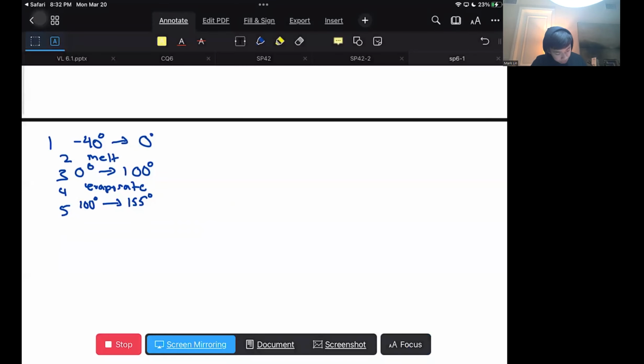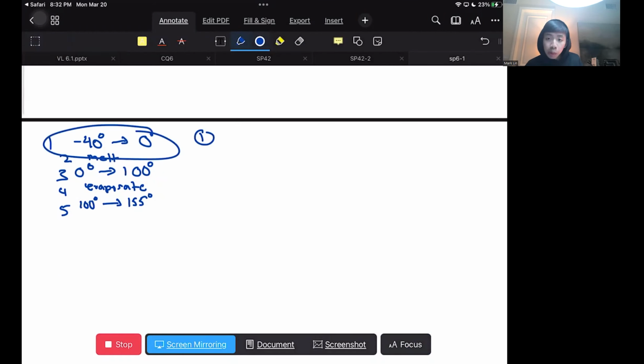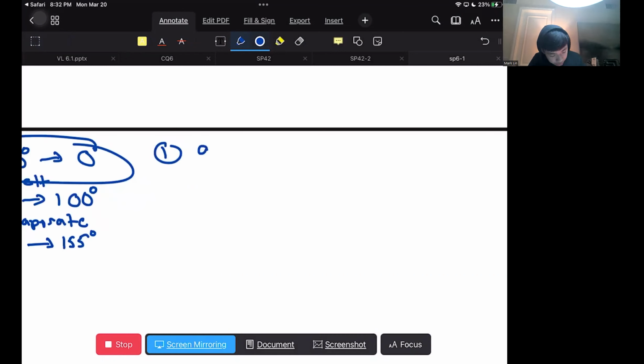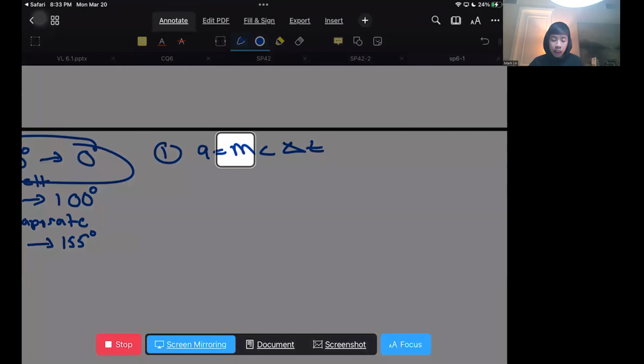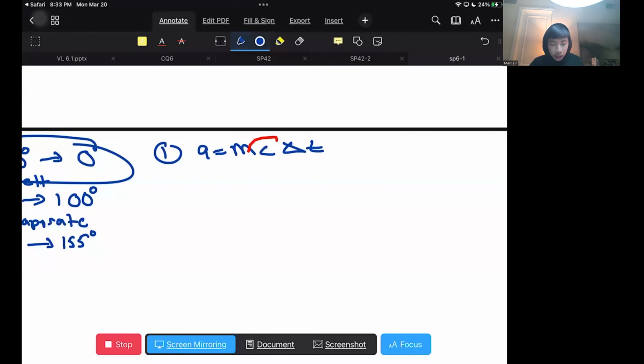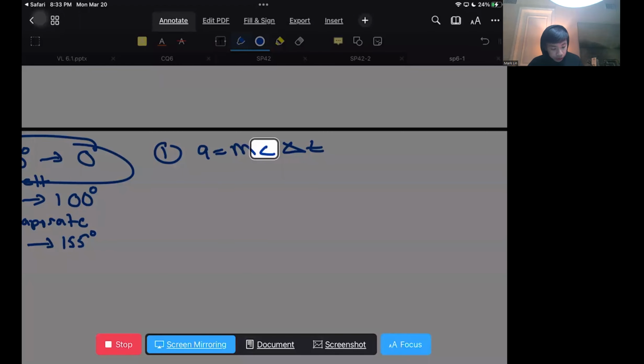When you go from -40 to 0 degrees Celsius, and we need to find how much energy it takes, we use Q equals MC delta T. Q is our energy we need to find. M is mass, and we know our mass is 210. C is our specific heat, and delta T is our temperature change.